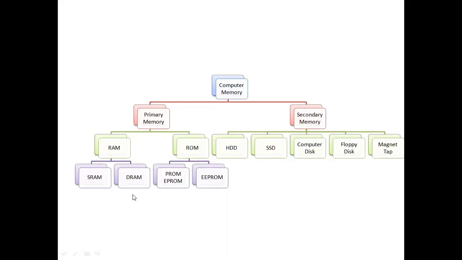Dynamic random access memory is classified into 2 categories, one old and one new. In DRAM, the old one consists of a single data rate, but the new concept is double data rate. Double data rate has various variations: DDR2, DDR3, DDR4, all referred to as double data rate.